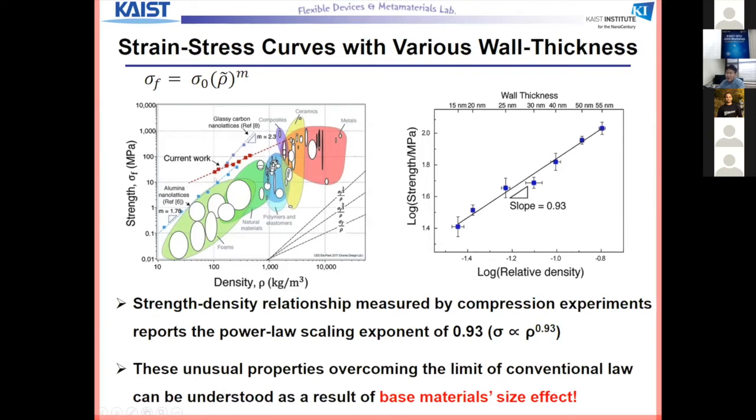This means our three-dimensional oxide structure is close to foams in density, but its strength remains close to most of the polymers, even to some ceramics. So we can make lightweight material, and we can avoid the material's limit governed by the Ashby plot by structural design.